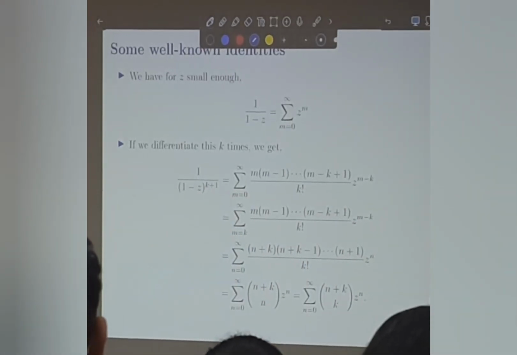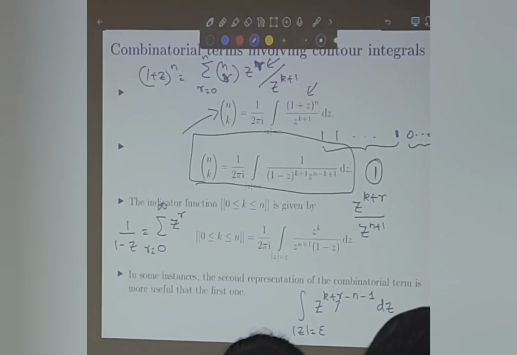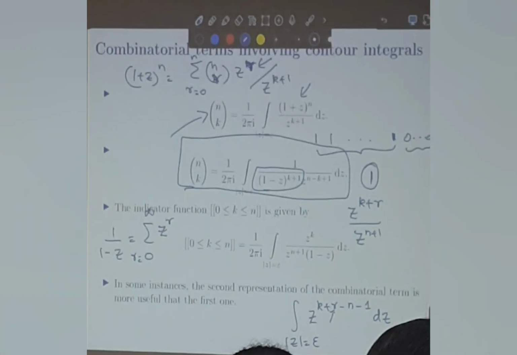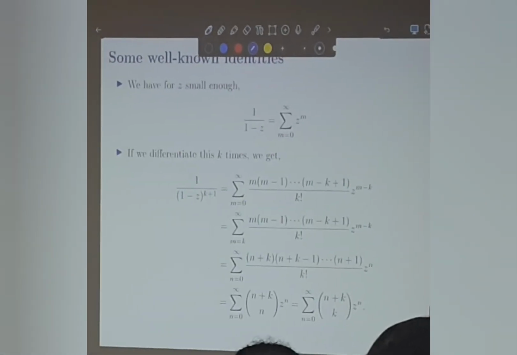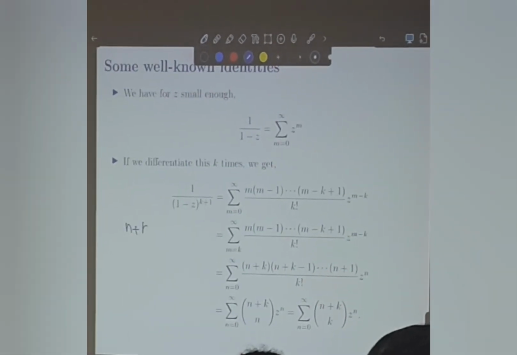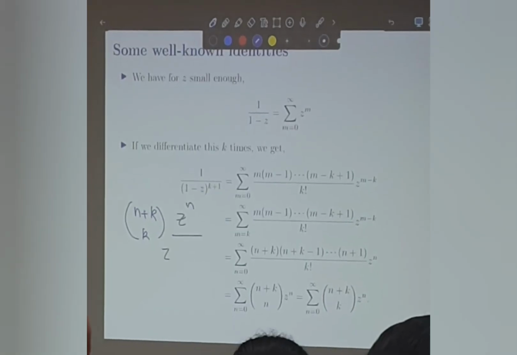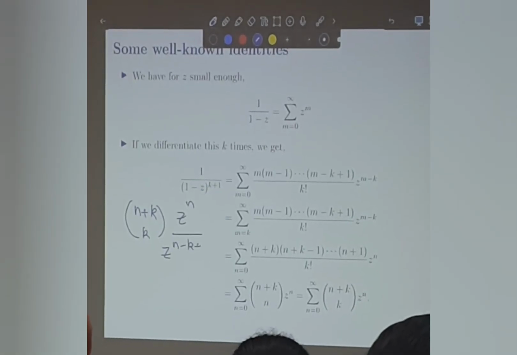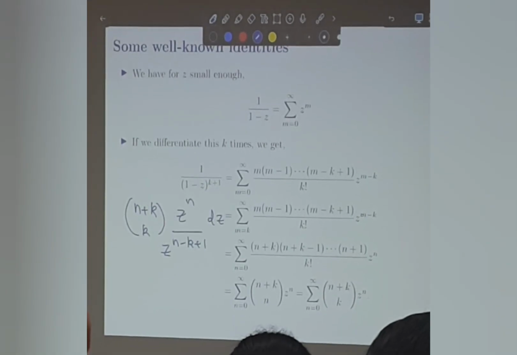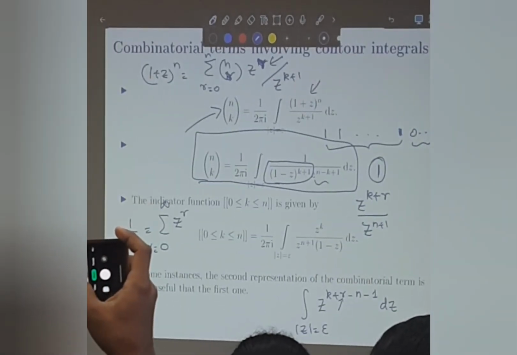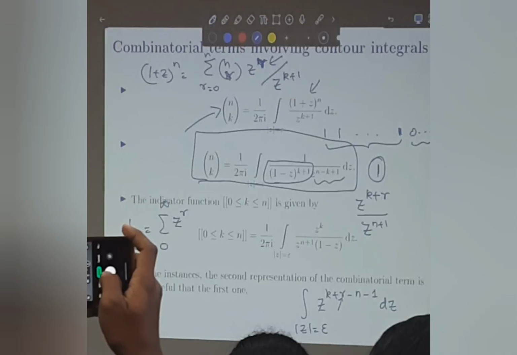What we had in the previous formula was 1 over (1 minus z) to the k plus 1, times 1 over z to the n minus k plus 1. So we have n plus k choose k, z to the n by z to the n minus k plus 1.